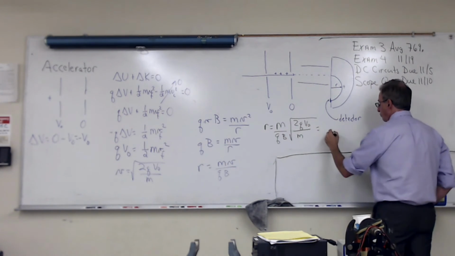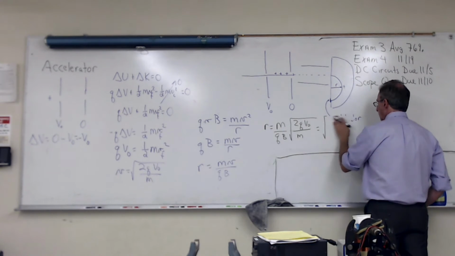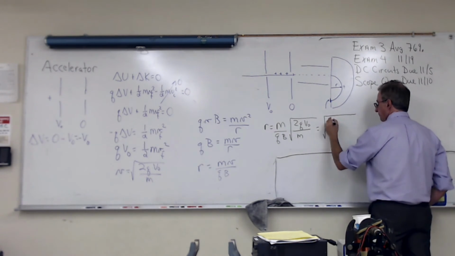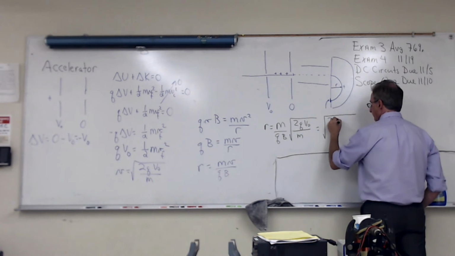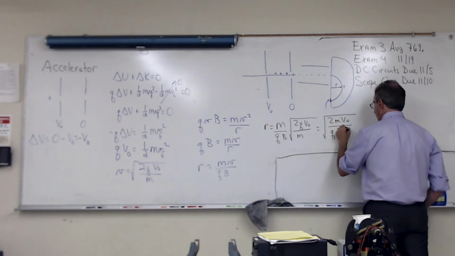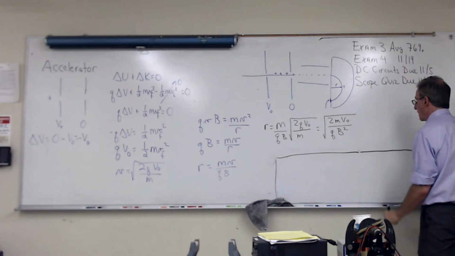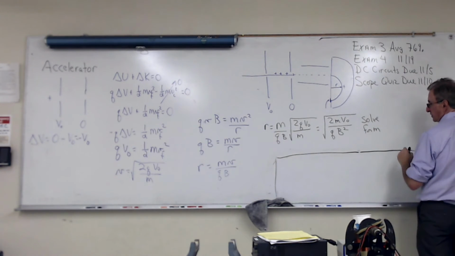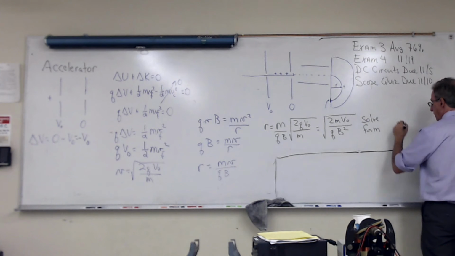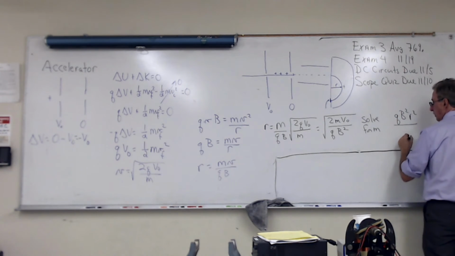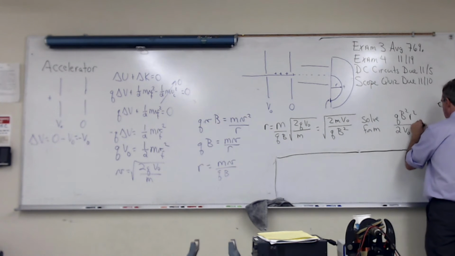I'm going to put everything under the radical. Solve for M. And that means I have to square both sides and solve for M. So I'm going to get M equals Q B squared R squared over 2V naught.